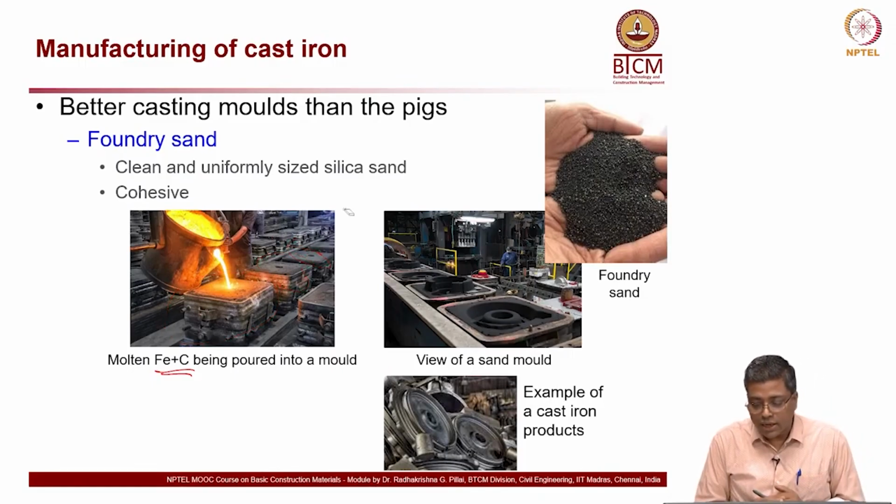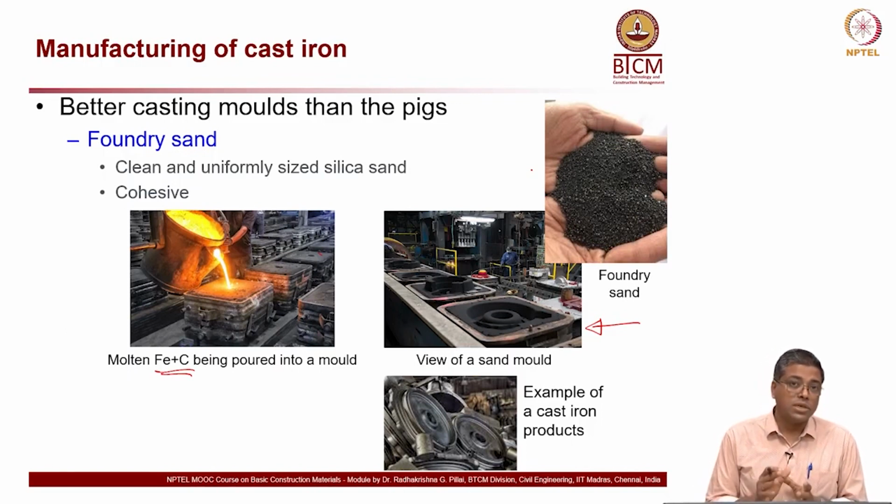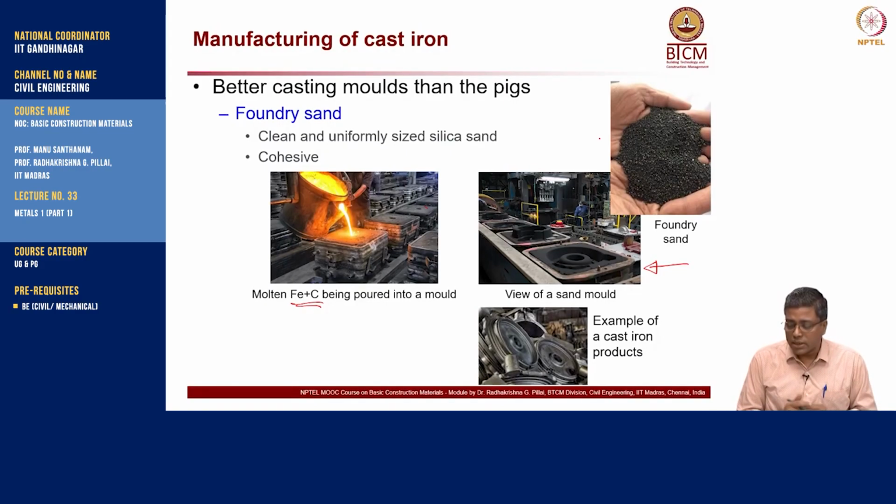Now, on the right side, it is more clear how these molds look like, and these molds are made out of foundry sand. Okay, this is the foundry sand you see on the top right image, the foundry sand which is clean, that means there are no clay particles in that, and it is uniformly sized, or uniform gradation, and silica sand typically.